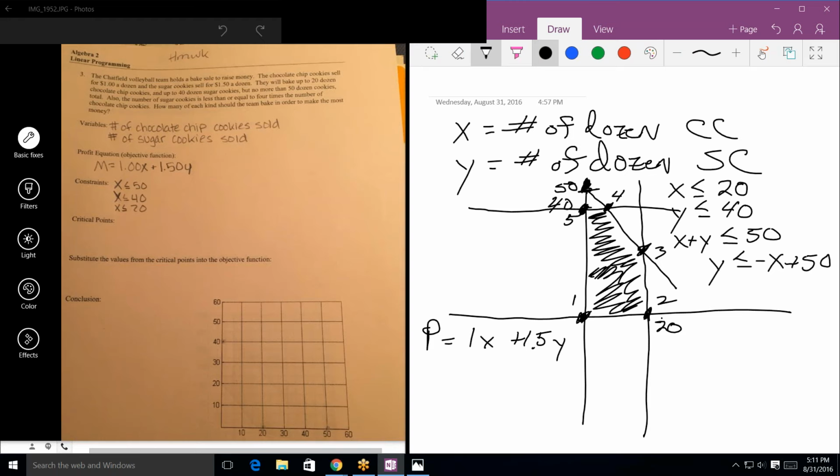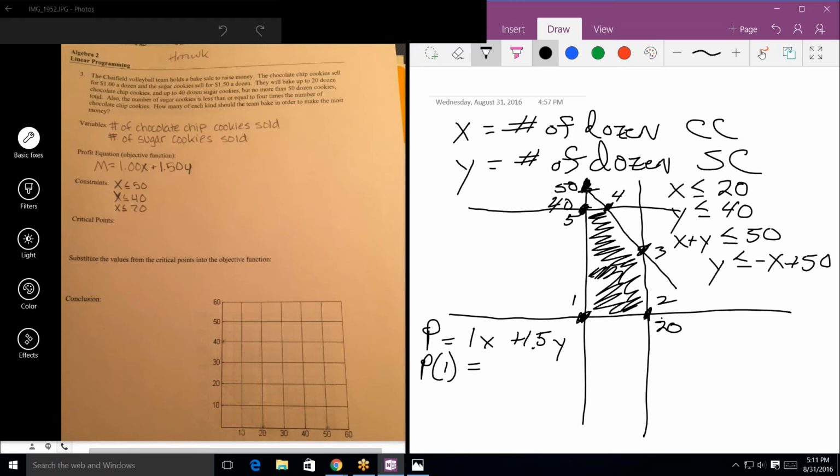What's my profit with those 2 points? In other words, we're going to say profit of point 1 is, I almost hate to do that, but I'll still do it. So plug in the x and y coordinate from point 1 into your profit equation. What do you get as a profit?